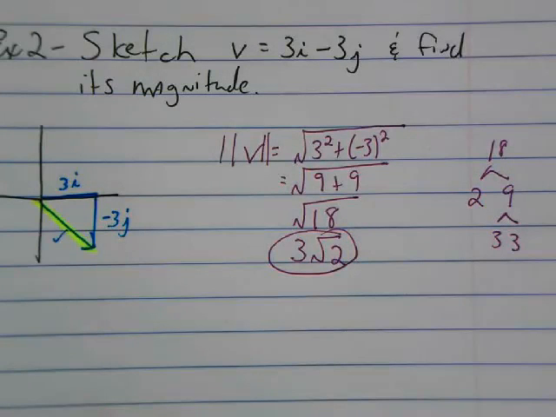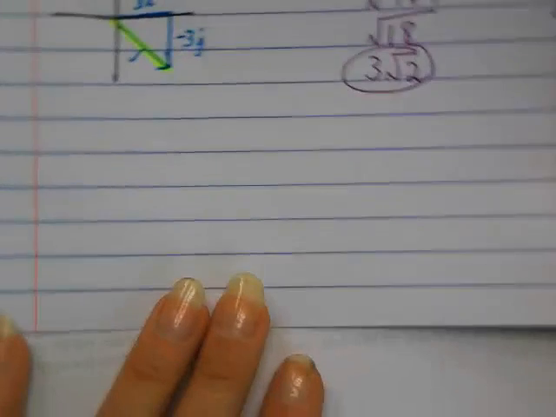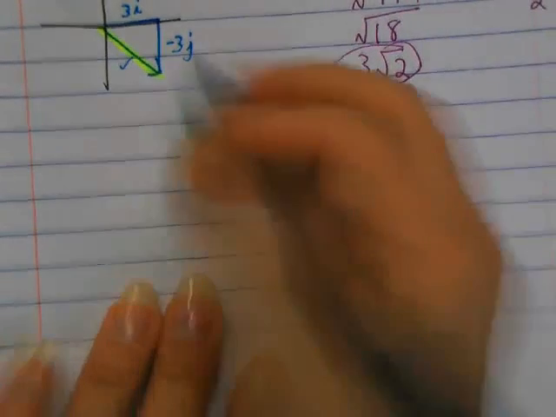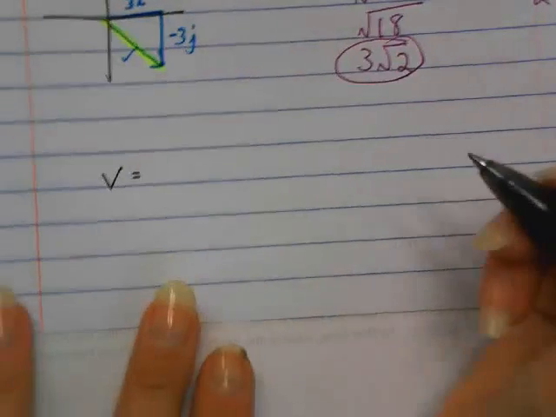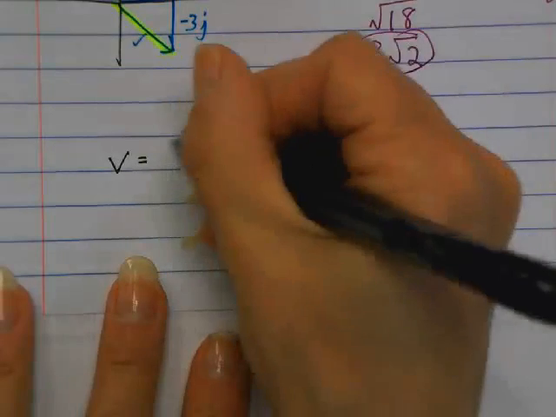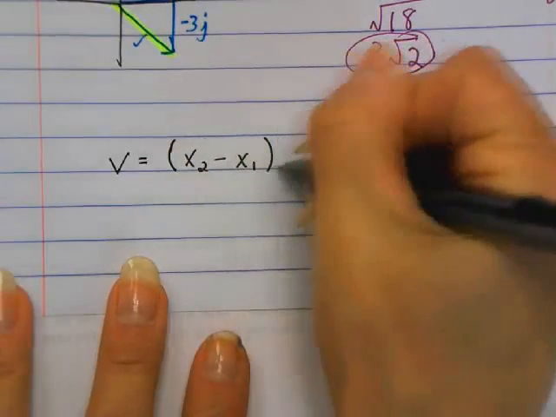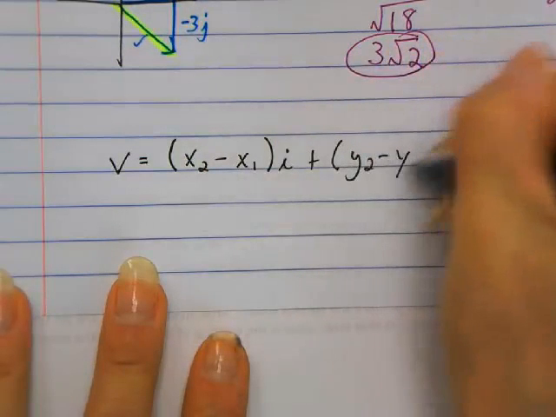Alright. Next thing we're going to do is learn how to write vectors. So there's a lot we're learning in this chapter. Luckily, none of it is too difficult. Alright, so to write vector v, if I was given the 2 points, I'm going to take x2 minus x1, i, plus y2 minus y1, j.